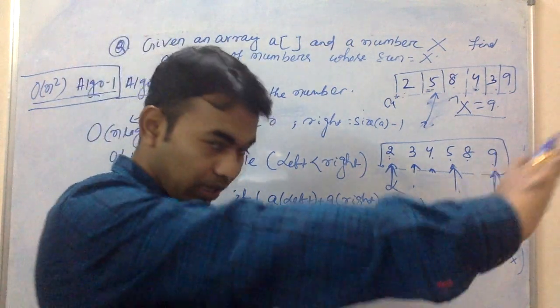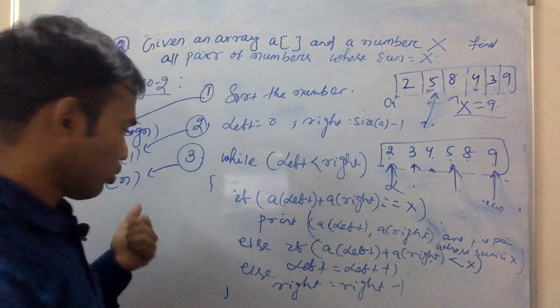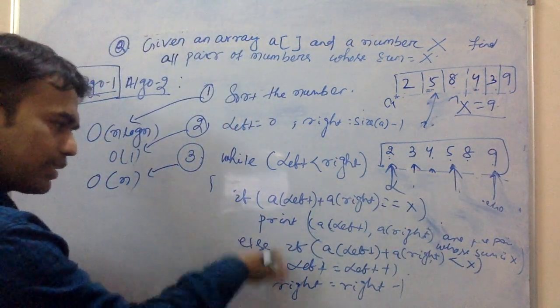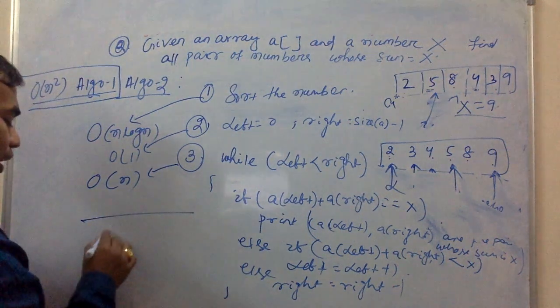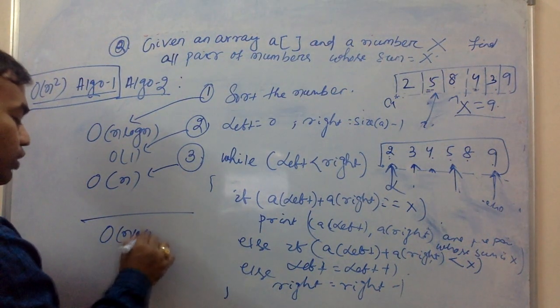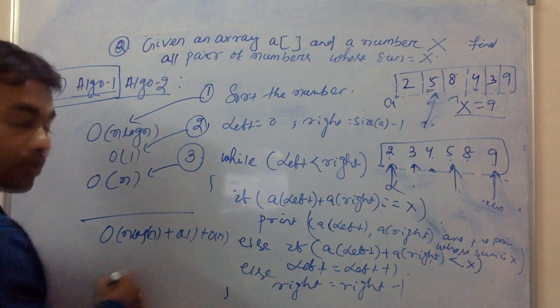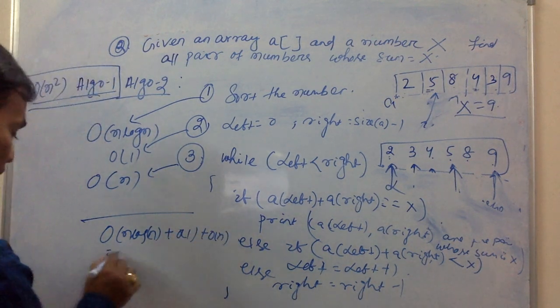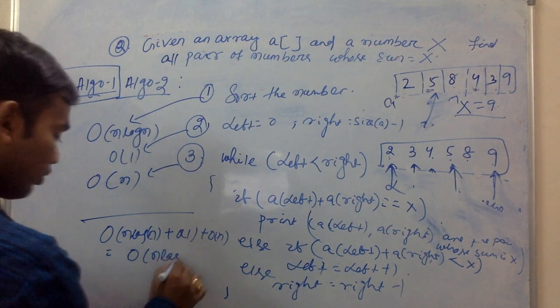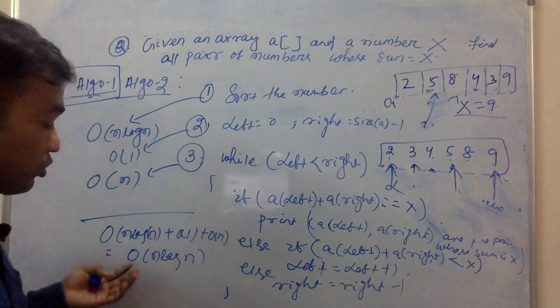If it is starting from left to right, then it is n. And these are all constants, right? So the total time complexity is nothing but big O of n log n, if you know the basic big O. I hope you understand.